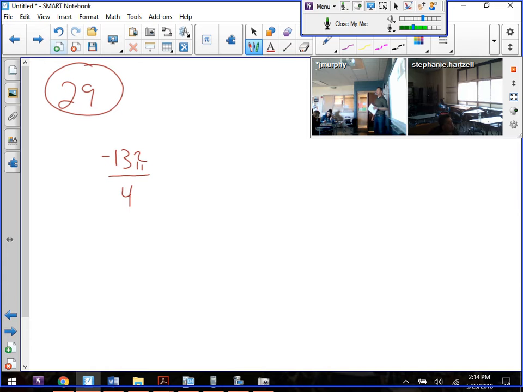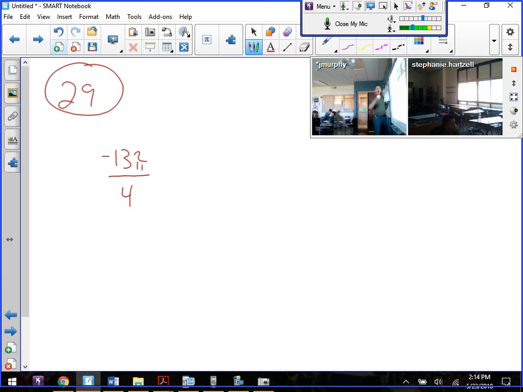Positive and negative coterminal angles. If I'm talking about positive and negative coterminal angles, that means I first have to have my original angle within 1 revolution to start. Is 13 pi over 4 within 1 revolution? No, it's beyond that. So I have to make it within 1 revolution.